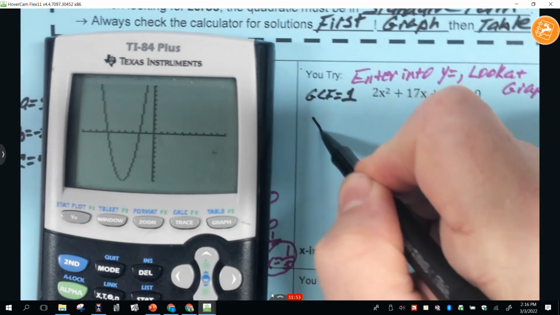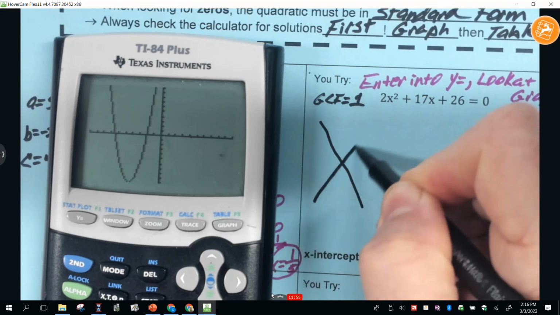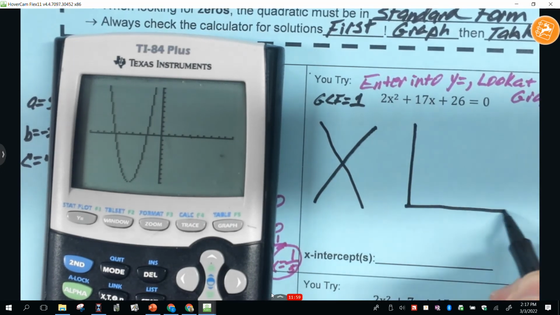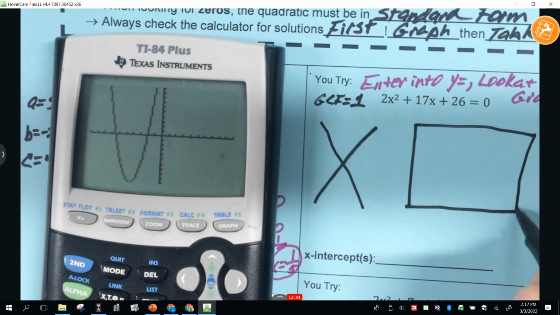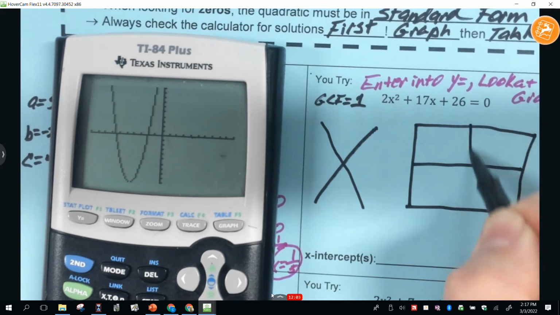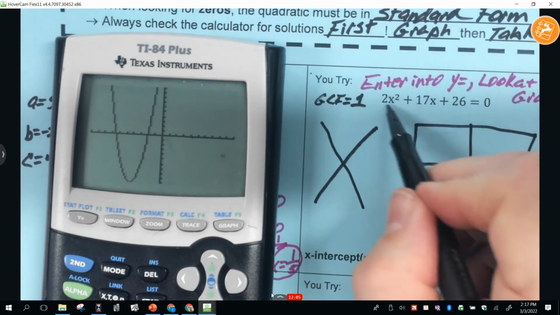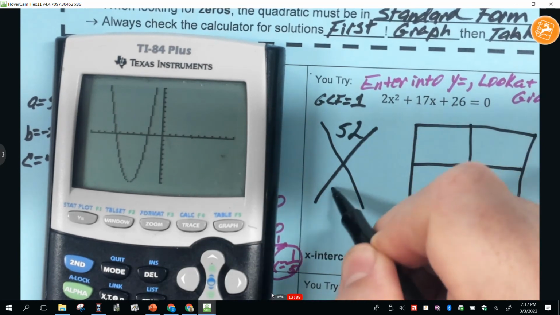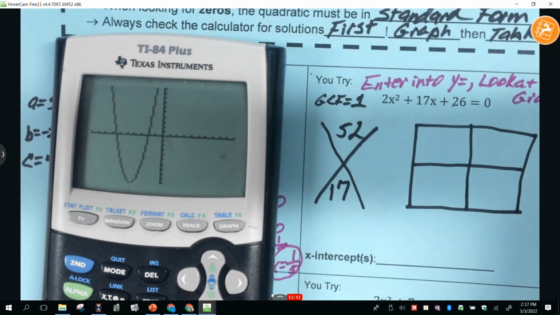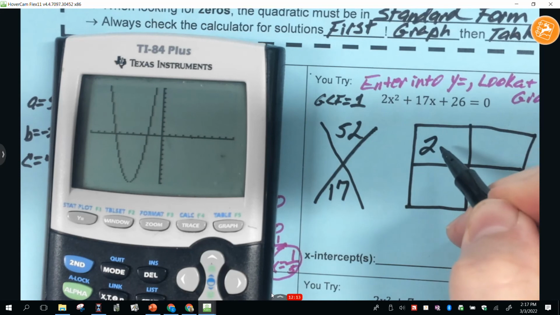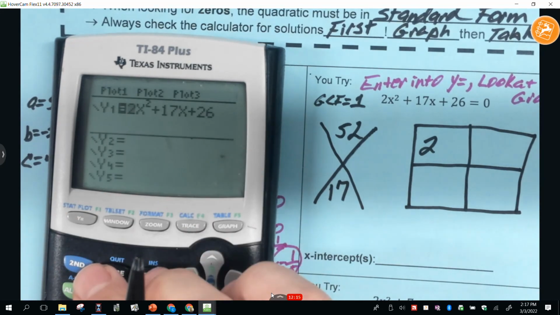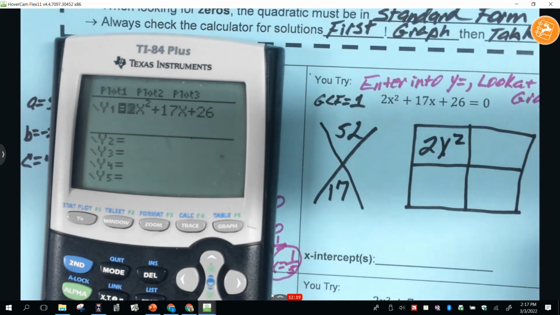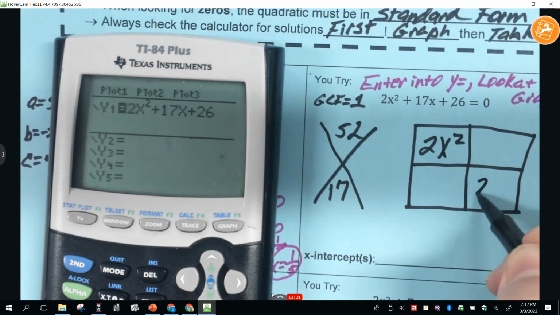So we set up our X box. Okay, all right, so 2 times 26, that'll be 52, and then this will be 17. Okay, so this is going to be 2x squared, and this is going to be 26.